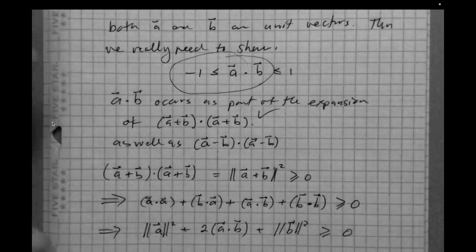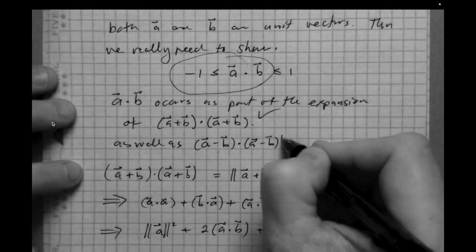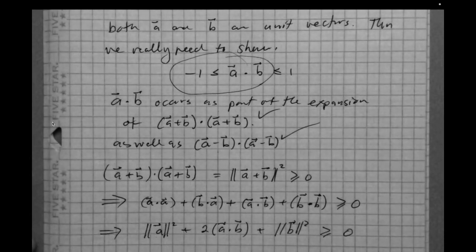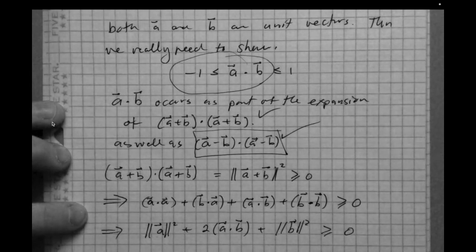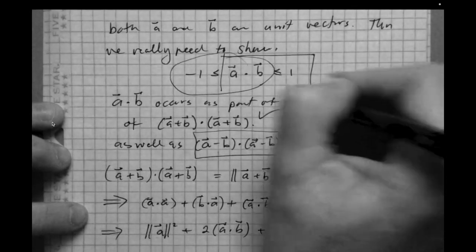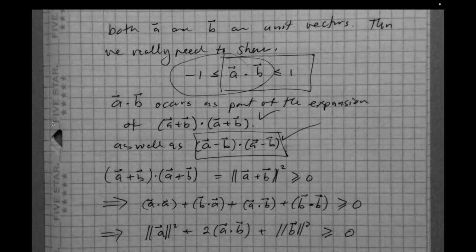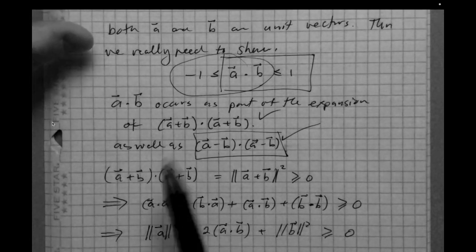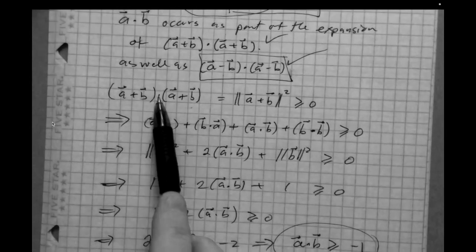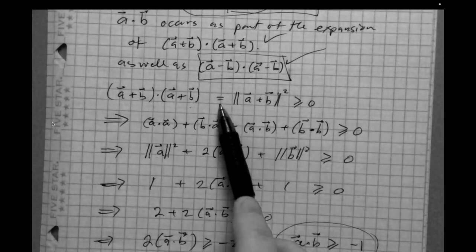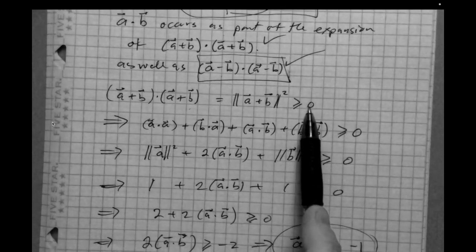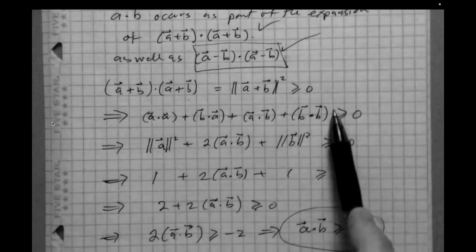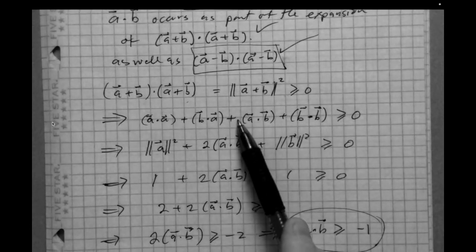All right? And then what you can do is run the exact same argument using this one here to get the other half of the inequality. You would say, all right, a minus b dot a minus b equals the norm of a minus b squared, which is greater than or equal to 0. And then you expand it just the same, except it's a minus b instead of a plus b.